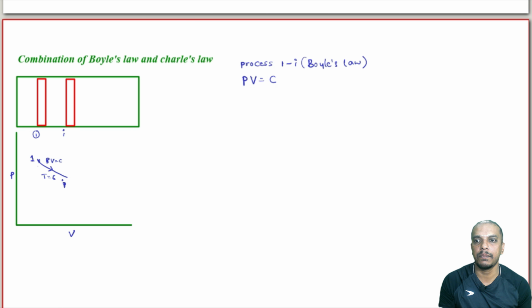Now let us say the same gas behind the piston expands further and the piston moves to the right furthermore. Now let this be according to Charles' law. From I to 2 we have a constant pressure process.